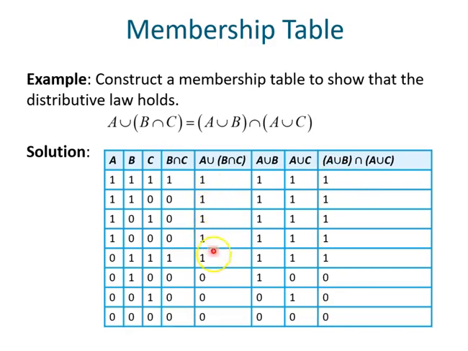We have 5 ones, 3 zeros, and here we have 5 ones, 3 zeros, which means that every element in the universal set belongs to the left-hand side if and only if it belongs to the right-hand side. So those two sets are equal.